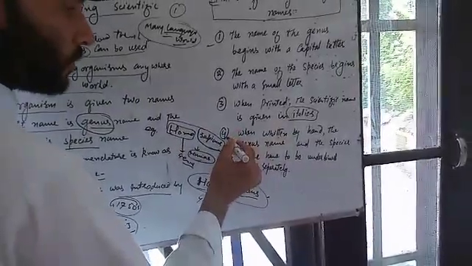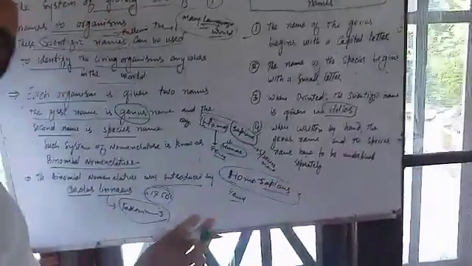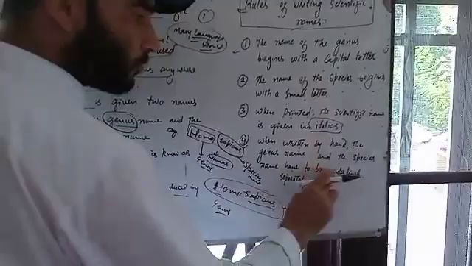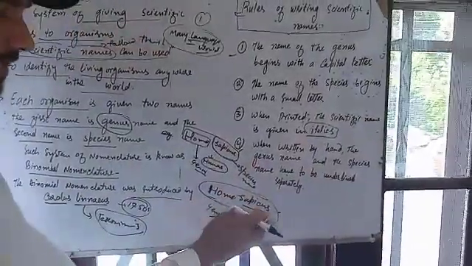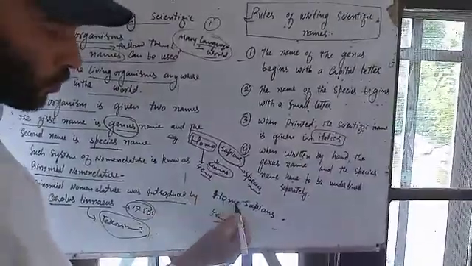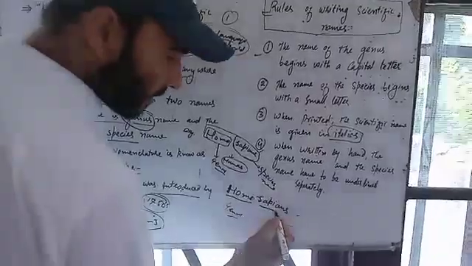The fourth rule: when written by hand, the genus name and the species name have to be underlined separately. That means Homo is underlined separately and sapiens is underlined separately.